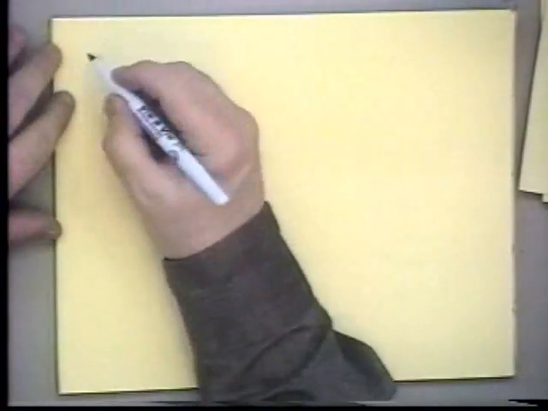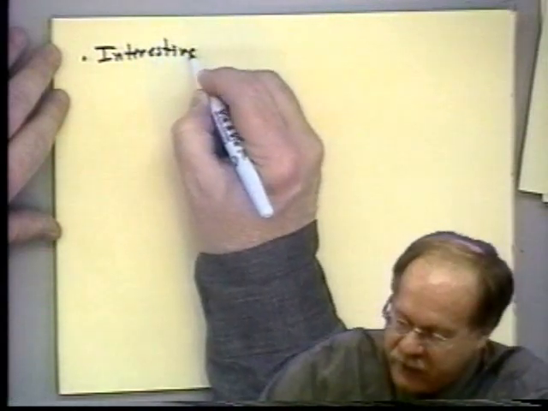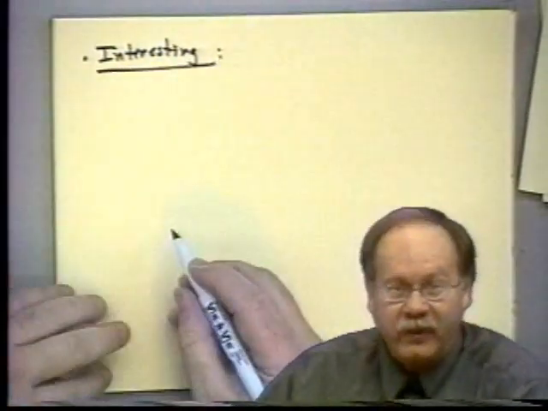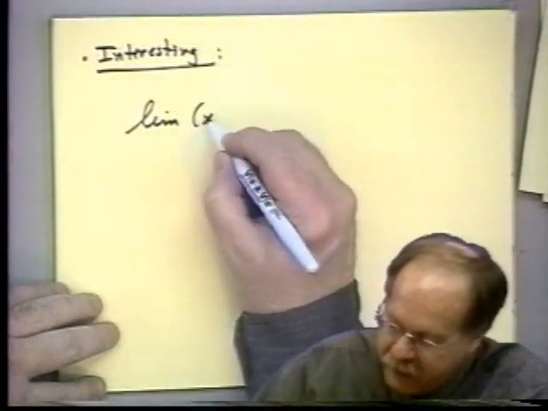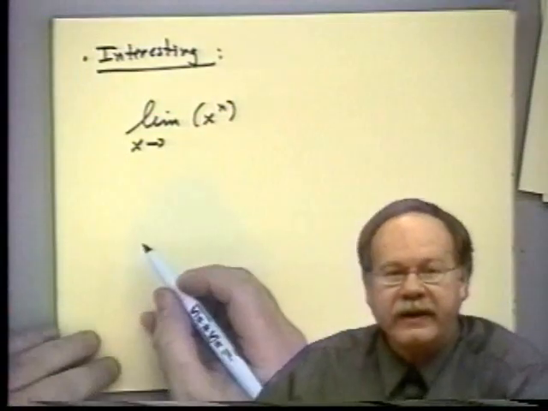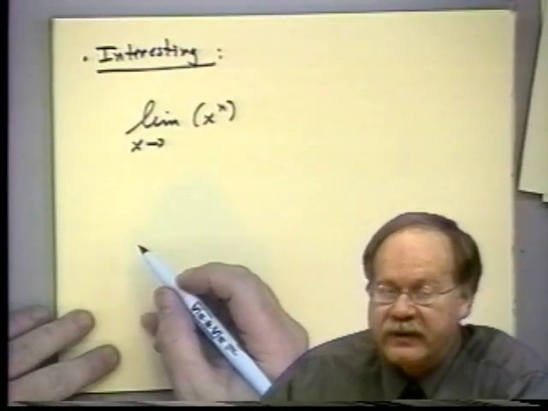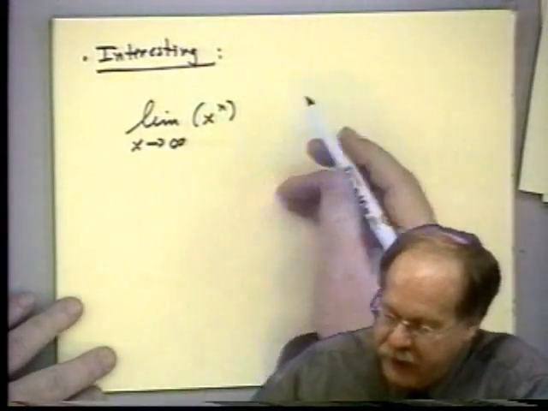Now there's one other one here as x goes to infinity that's interesting. And interesting means, of course, that we'll be using it more than once. Let us just consider this case. The limit of x to the n power, where we want to look at x going to infinity and x going to negative infinity. Well, first look at x going to infinity.